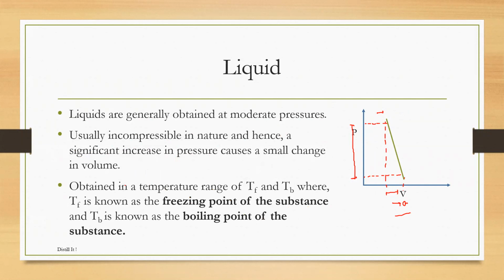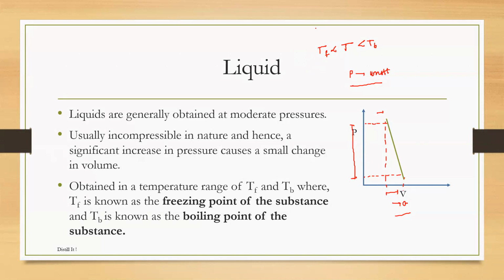And when we talk about liquids, if we keep pressure constant, then we get liquids in a particular temperature range. That is, if the temperature lies somewhere between the freezing point and the boiling point of the substance.